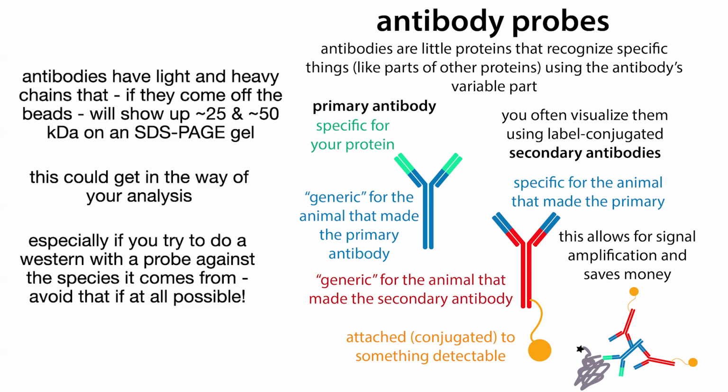So basically all these antibodies have this unique part that's going to recognize the thing of interest and this generic part. And that generic part is going to be specific for the species that made it.